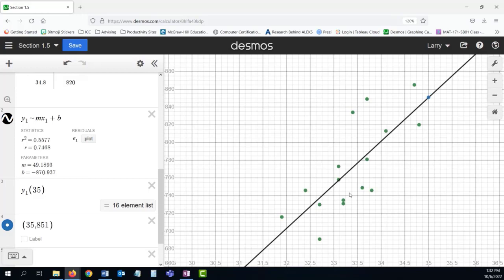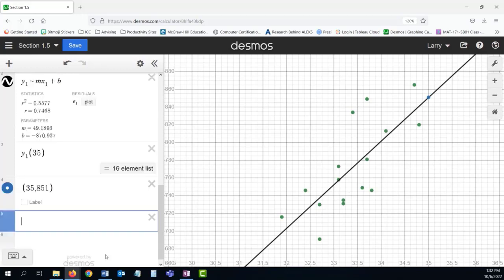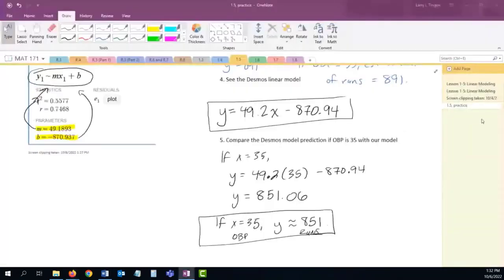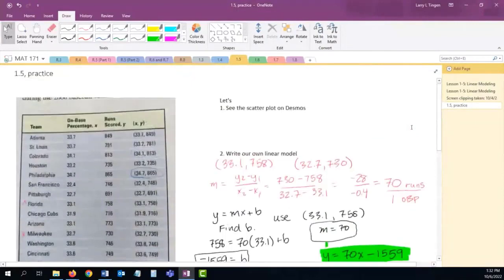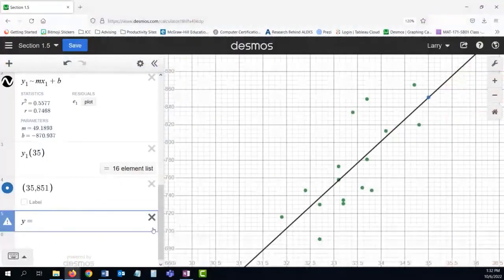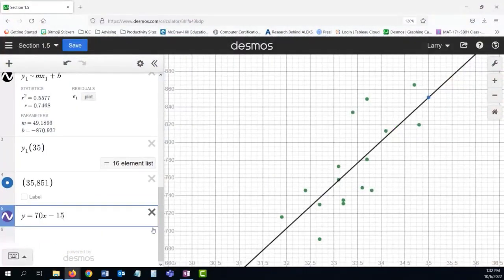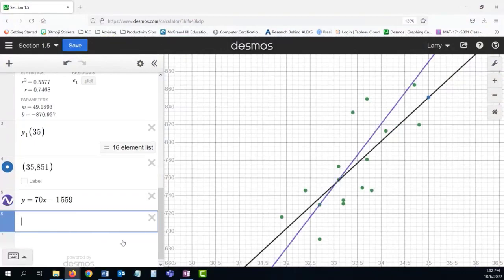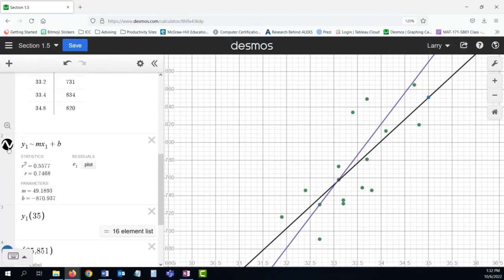Okay, so this is as good as it gets. What about our line that we made up? For our linear model, we had 70x minus 1559. There's our model. You can see in that purple one how we're not getting that same benefit, right?